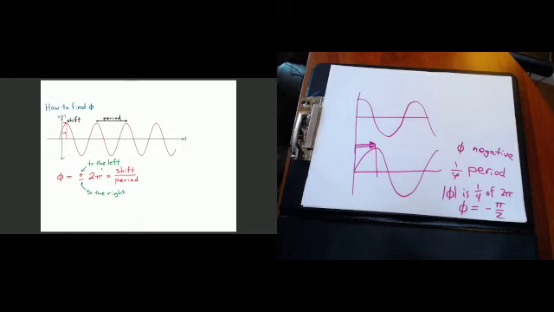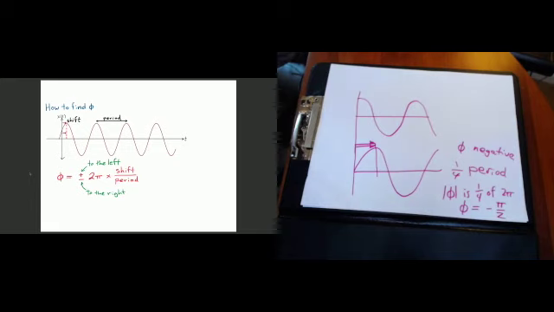And so in general, this is a good way to figure out what phi is. You just look at your sinusoidal function, you look at how much it is shifted relative to the original cosine, and then you look at how much of a period that shift is.